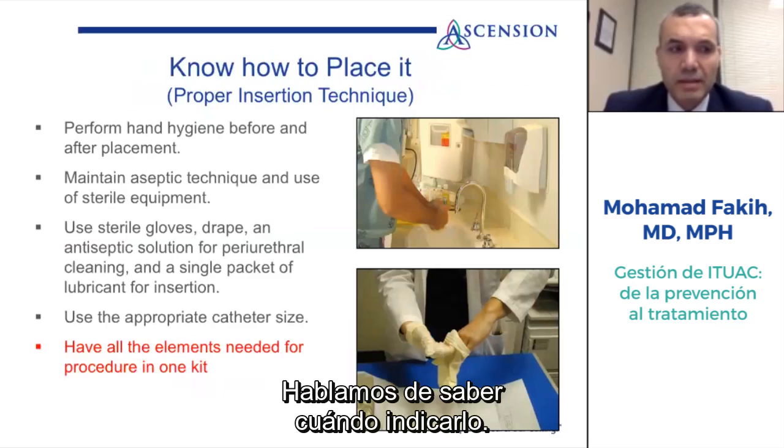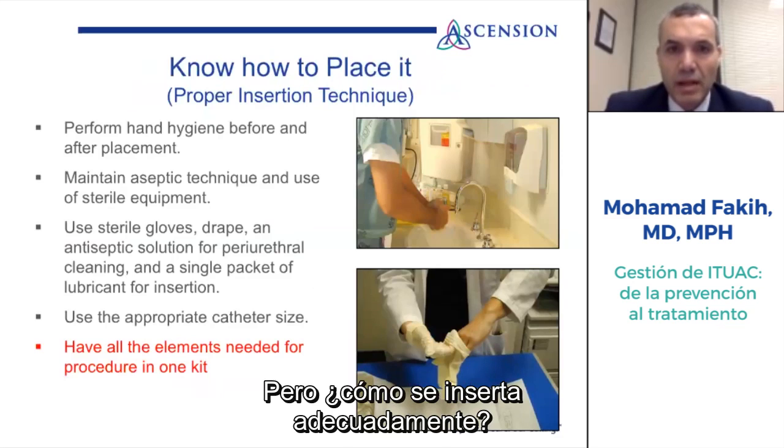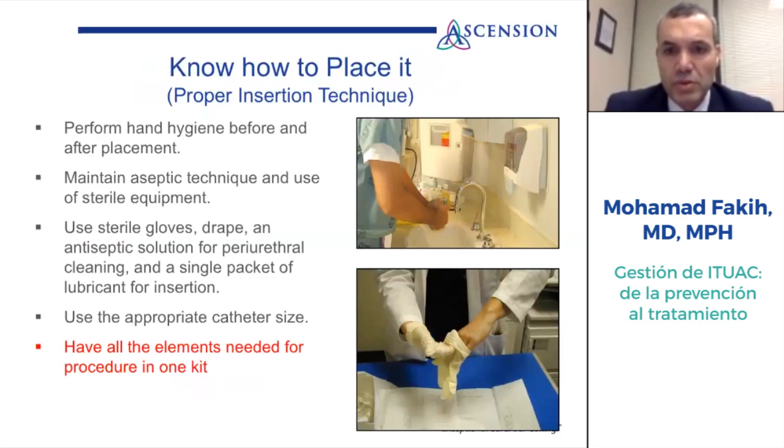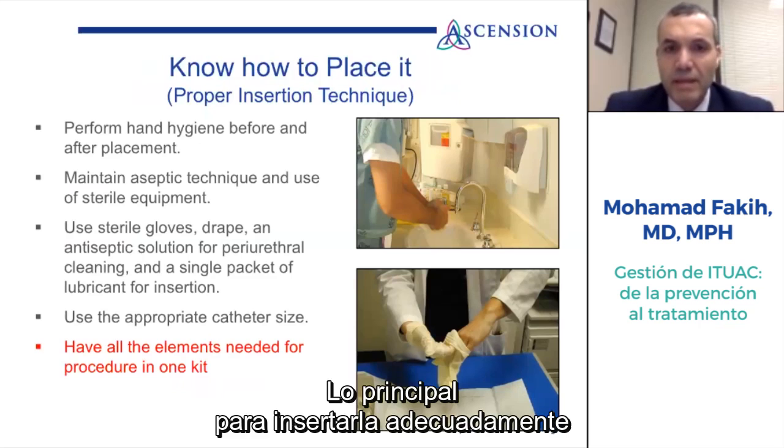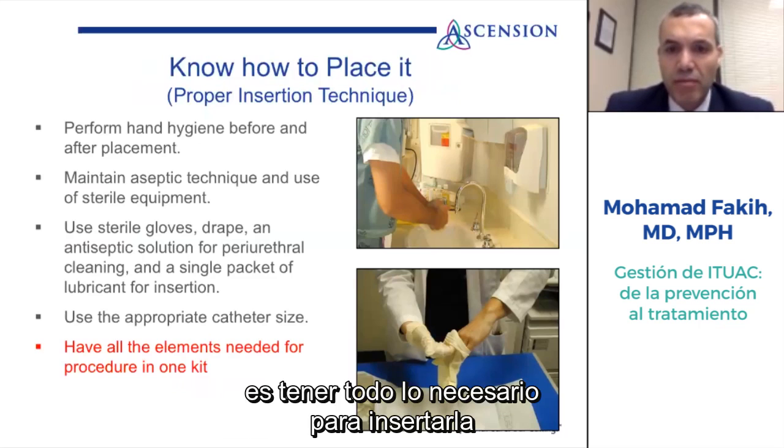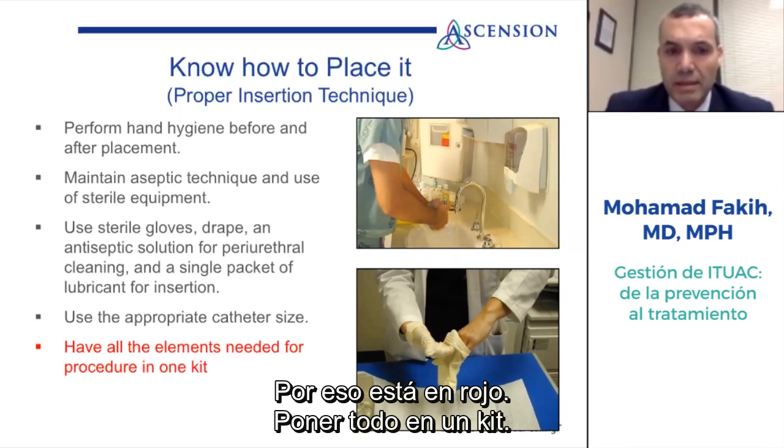So we talked about knowing what the indications are. Now, how do we do the proper insertion? The main thing for proper insertion is to have all the elements that you need for the insertion in one kit. That's why I have it in red. Have them all in one kit.